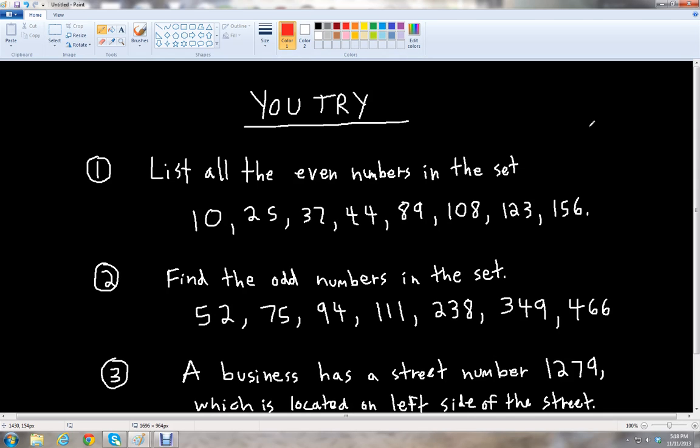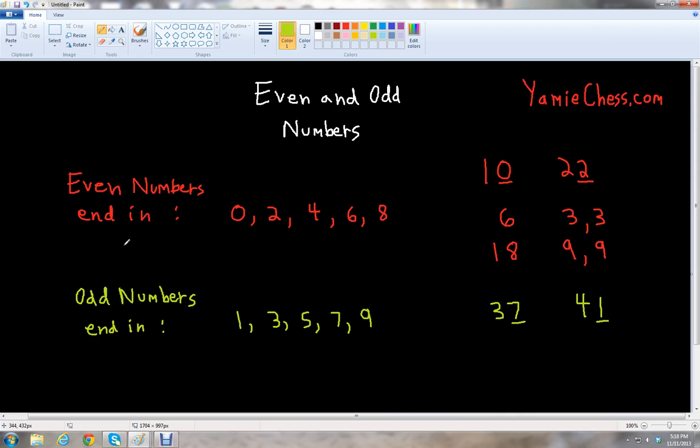Okay, so let's go over the answers to these 3 problems. The first problem says to list all the even numbers in this set. Even numbers, if we can recall, are all the numbers that end in 0, 2, 4, 6, and 8.